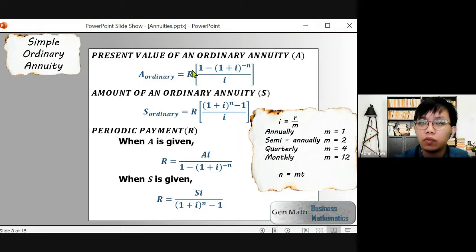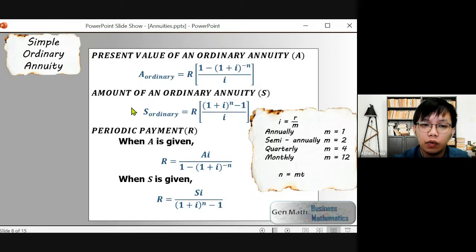Okay, and the formula for that is, we have here a very long, very complicated formula. We have here R. Always remember that R is the periodic payment, multiplied to the quantity 1 minus 1 plus I raised to negative n. The negative n here is an exponent, all over I.